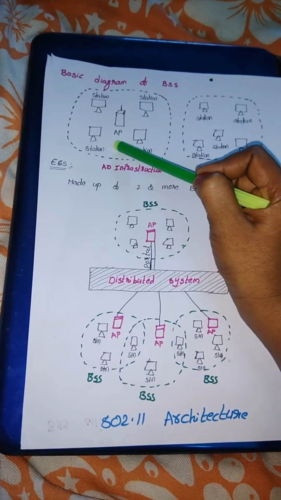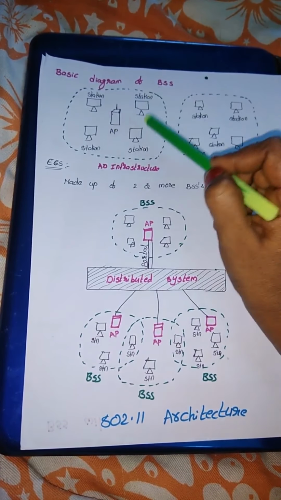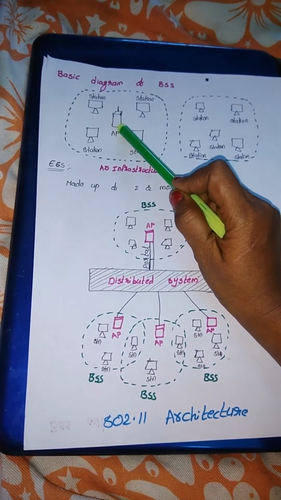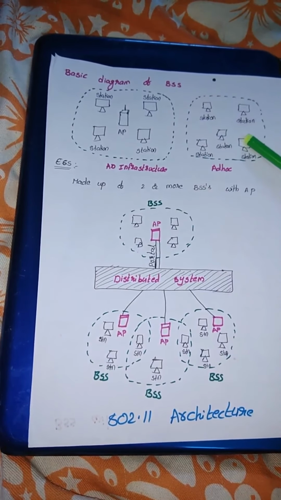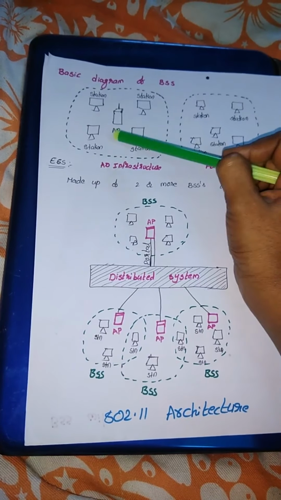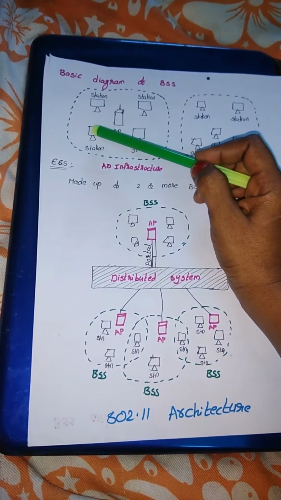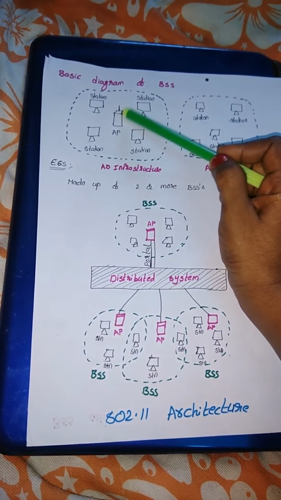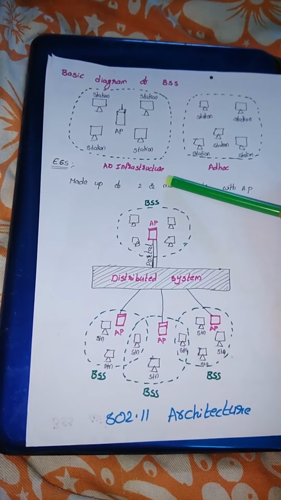Whereas in the infrastructure network, whatever the stations have to communicate, the communication is done through the access point only. So this is one type of BSS, and this is another type of BSS. The data or frame presented in the station is sent using this access point only. This type of network is called infrastructure.